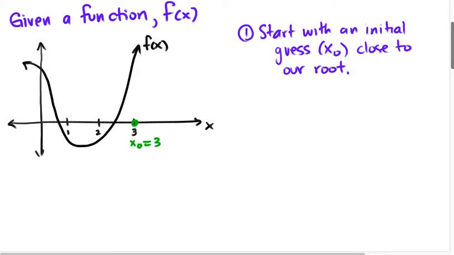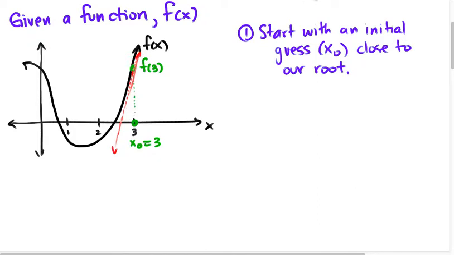So when I do that, the next step is to calculate the point on the graph, f of 3, and take a look at how the tangent line behaves at f of 3. I think the tangent line looks something like this red line in here.